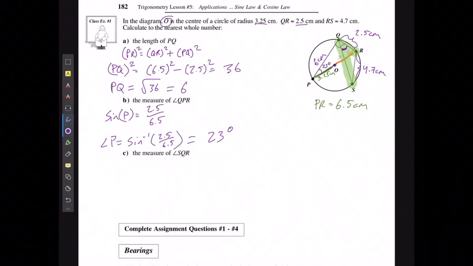Well, if I know that Q to S to R is going to be the same as this angle P, because they have the same chords, that's going to be 23 degrees. So I can say that angle S is equal to 23 degrees.